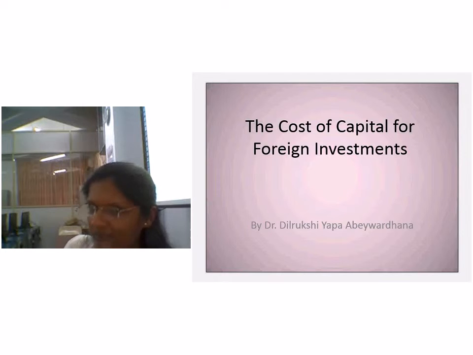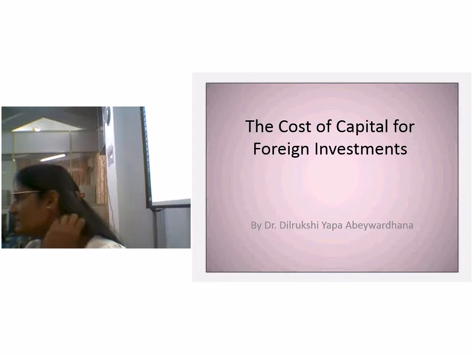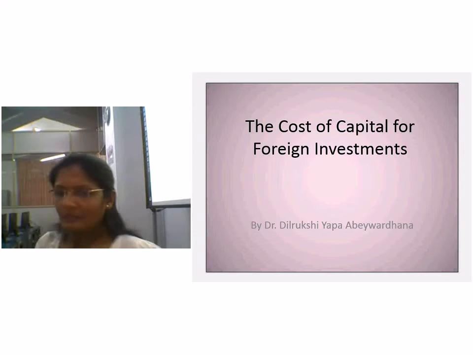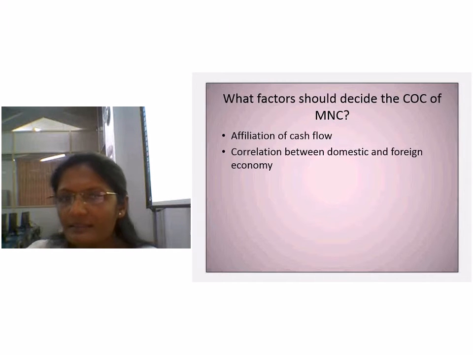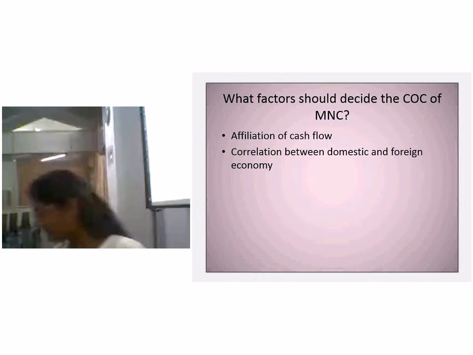Therefore, the company has to identify the project cost of capital when they are going for international business, when they are going to initiate their business. So what factors decide the cost of capital of multinational companies?